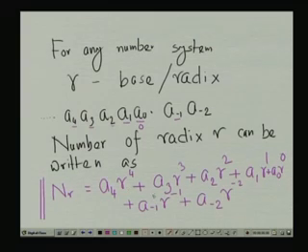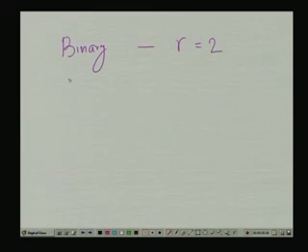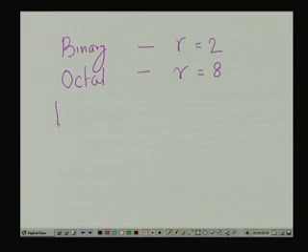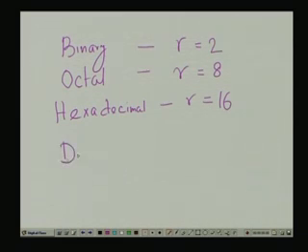So far we have discussed that for binary number systems the radix is 2, for octal the radix is 8, for hexadecimal the radix is 16, and our known decimal, that is our real world, works when the radix is 10.